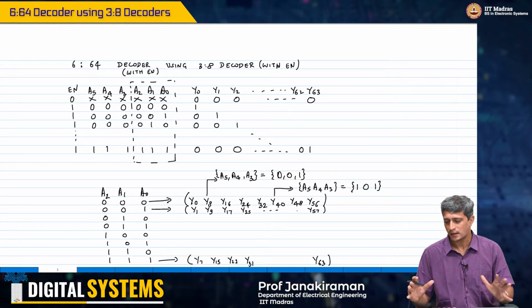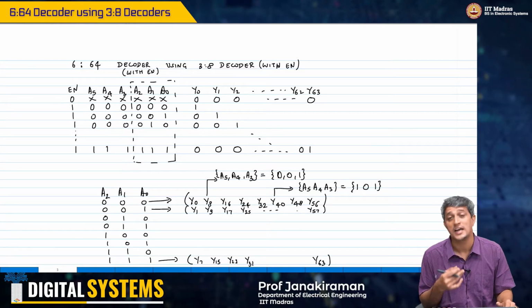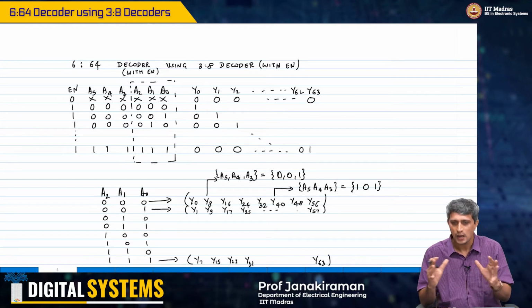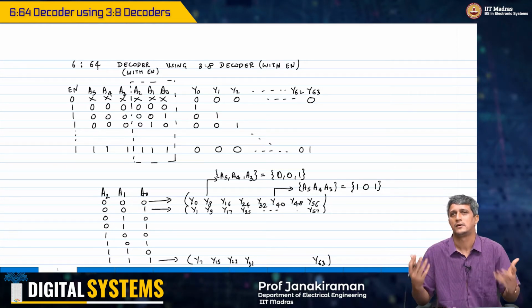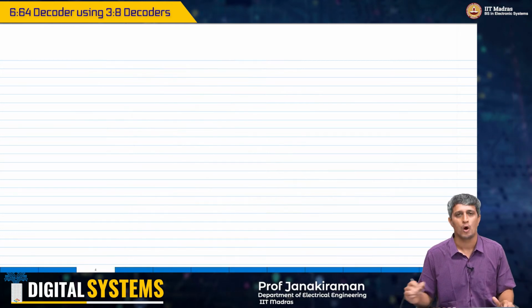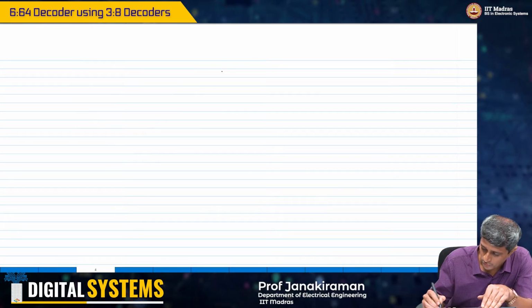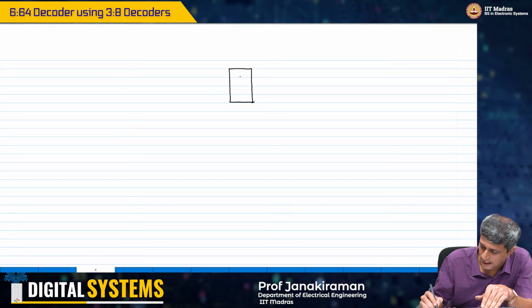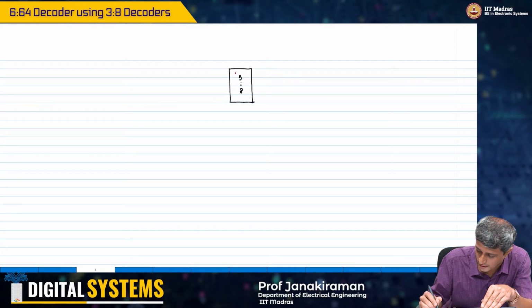So these are the outputs that have to go high when A2, A1, A0 essentially are, there are 8 combinations. So therefore, what you can do now is the following. You can think of this as the last stage of the decoder, right? I am going to build, each block is a 3:8 decoder like this.